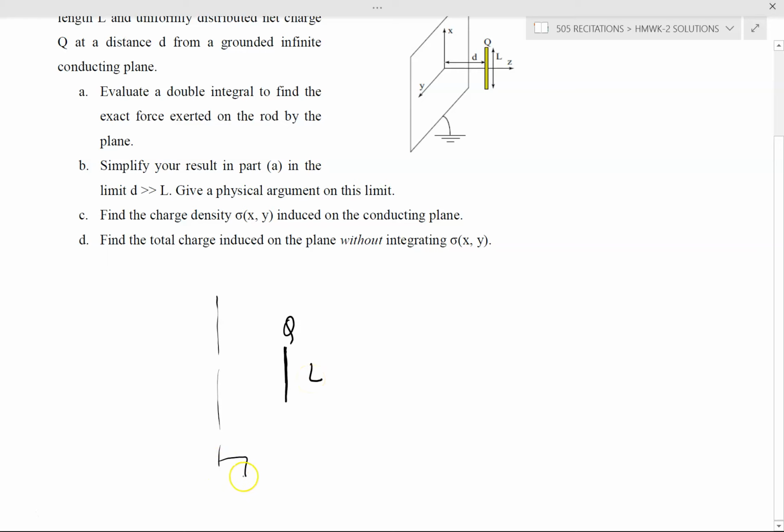Since this is grounded and the distance is D over here, we expect to see minus Q rods whose length is L as the image of the real charge.